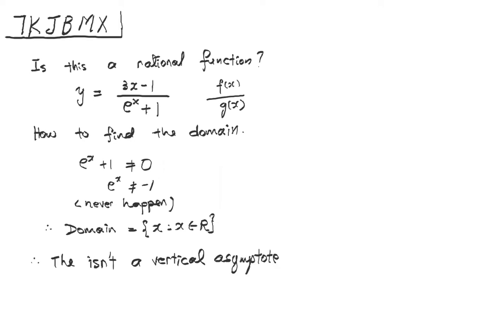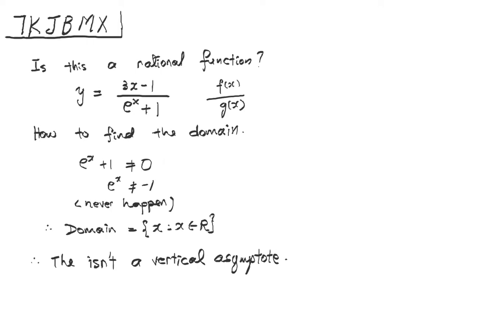So we have to be very careful. Okay, I said for a rational function there is a vertical asymptote. So how should I change my statement about rational function?